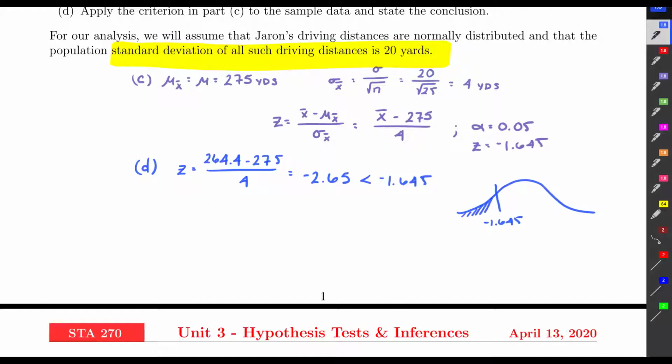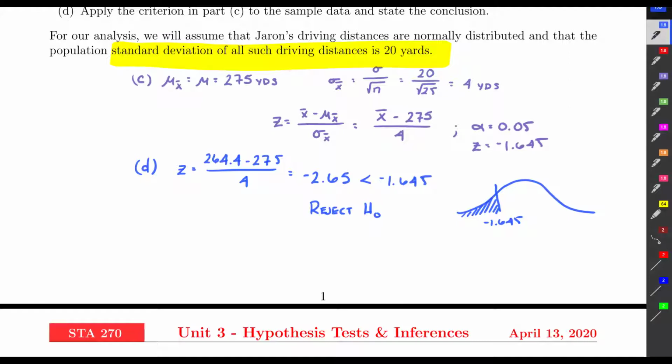Anything in this shaded region here is the rejection region. So negative 2.65 certainly falls in that rejection region. So what happens here is that we reject the null hypothesis. We are rejecting Jaron's claim that his average drive is 275 yards based on the sample data. Now, granted, there may be another time Jaron goes out.